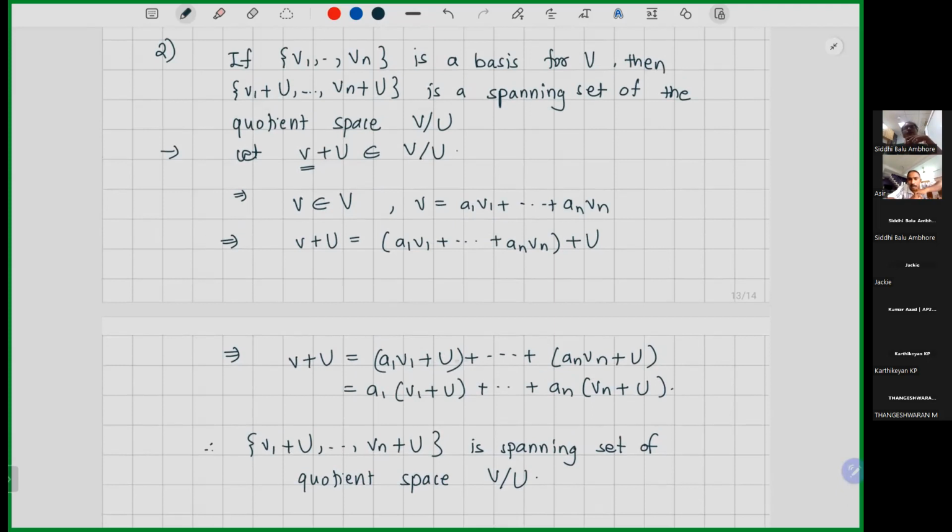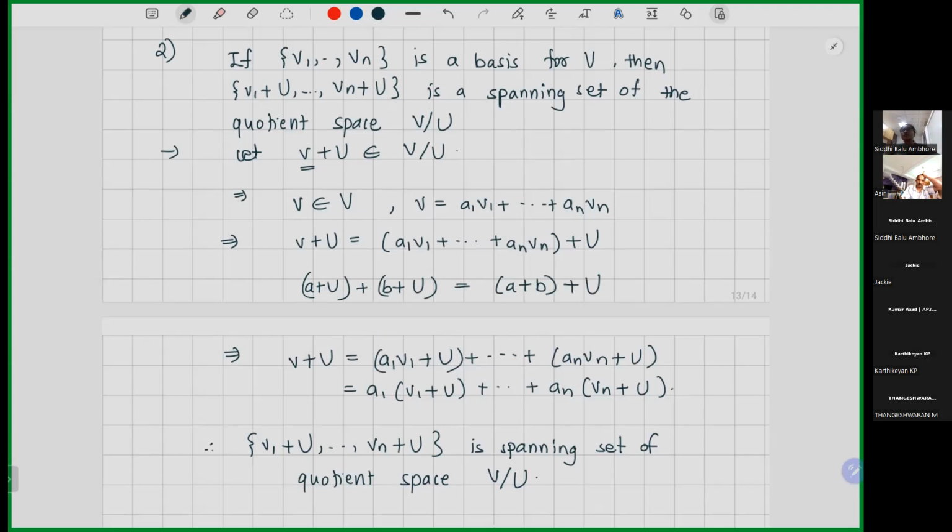This is the definition of the vector space operations on the quotient space. This is the definition of addition in the quotient space: A plus U plus B plus U, these are elements in the quotient space, is equal to A plus B plus U, up to representation.